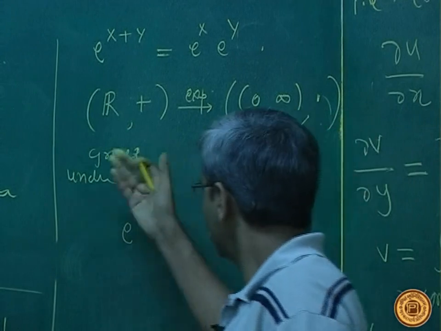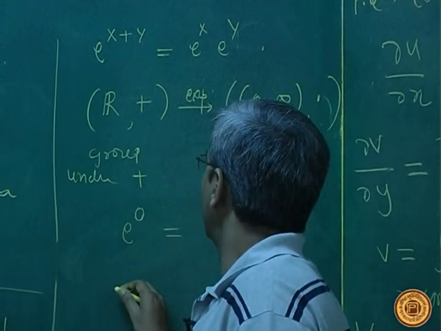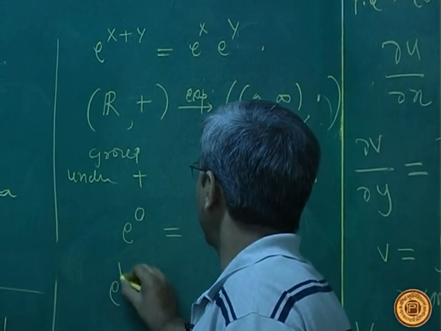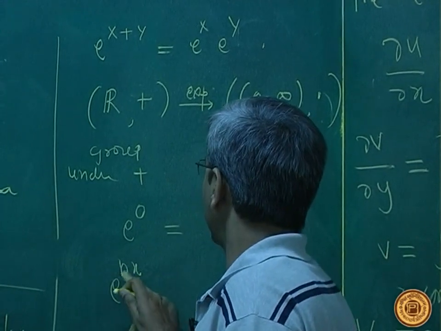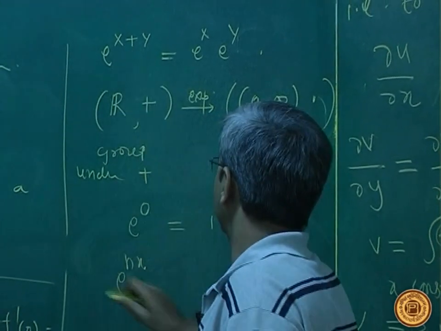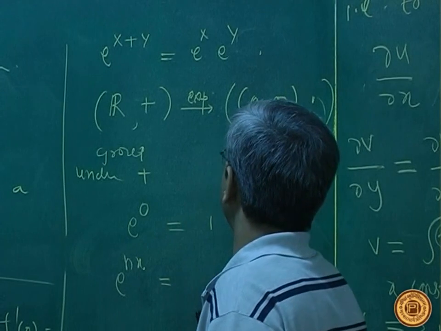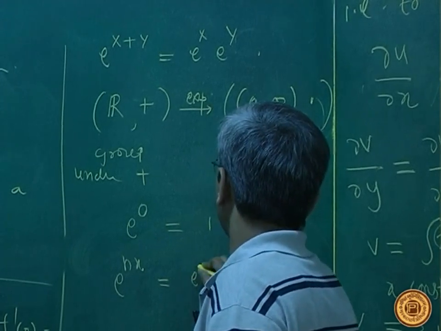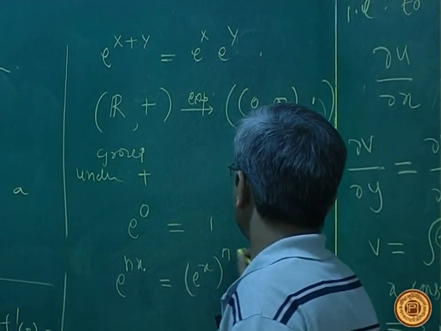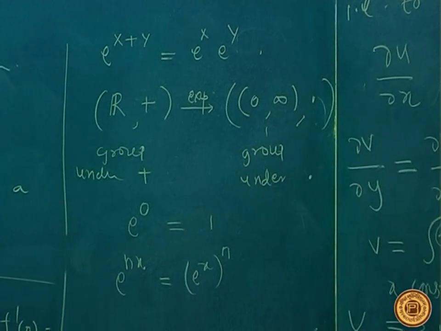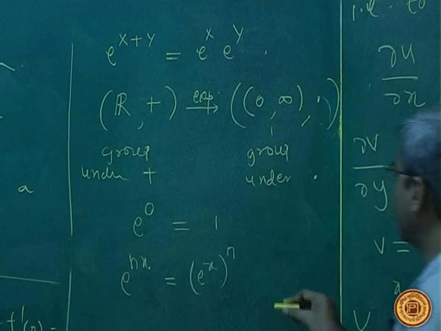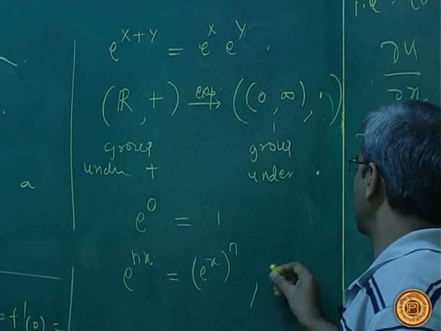And then e to the power nx, that is x plus x plus x, n times, is e to the power x, raised to the power n, for all n in Z, because inverses also exist.